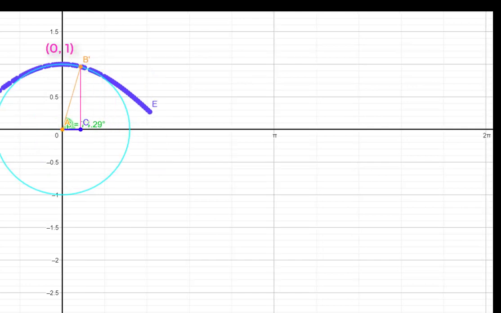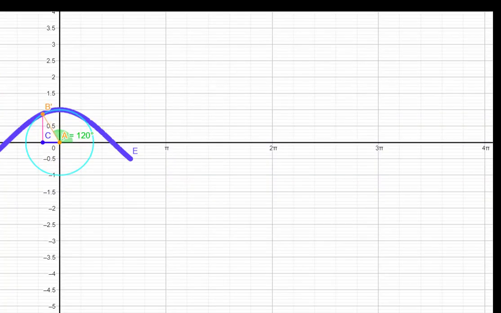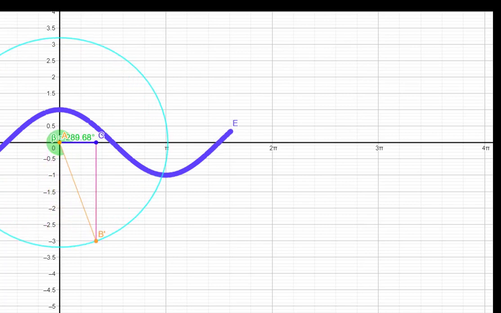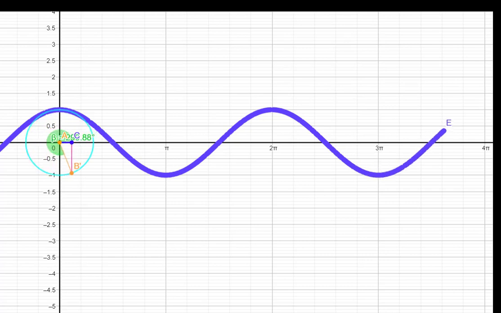It starts from 0 degrees, 1, and then achieves the minimum at 180, -1, and then goes up again at 360 degrees, 1, and it repeats itself again and again. And we can see here that if the radius gets bigger or smaller, the function will not change, since it is the ratio of the distance compared to the radius.